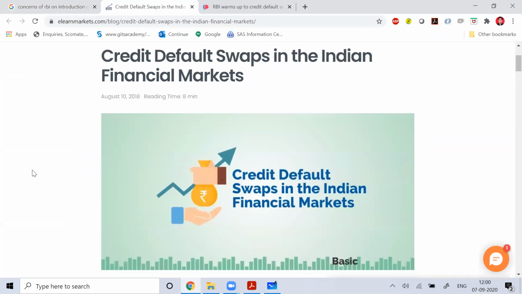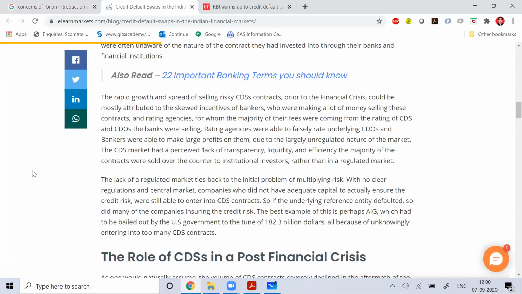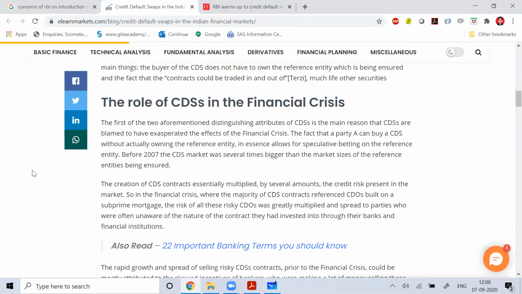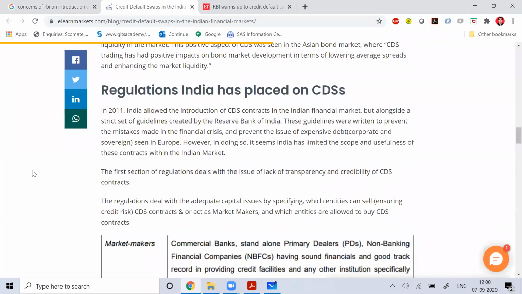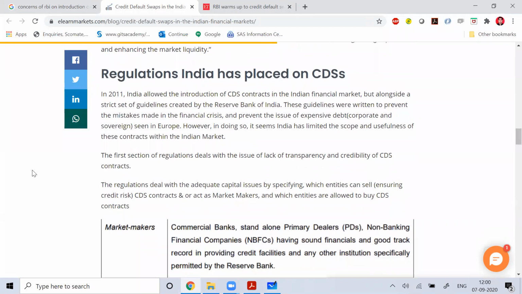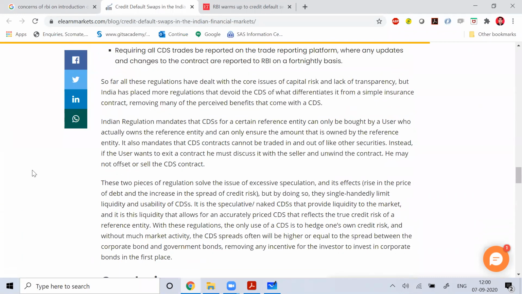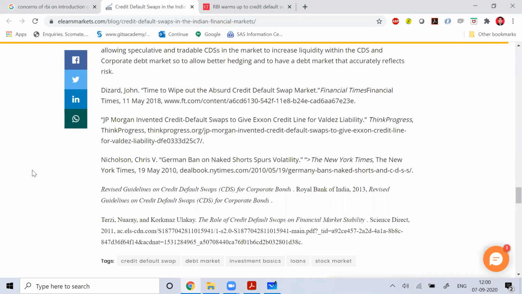So what is CDS all about? If it is implemented in the Indian market, what will happen? You can read about the role of CDS in the financial crisis, the role of CDS in the post financial crisis, and the regulation India has placed on CDS. I'm giving you an idea because India has to adopt financial market instruments like CDS.